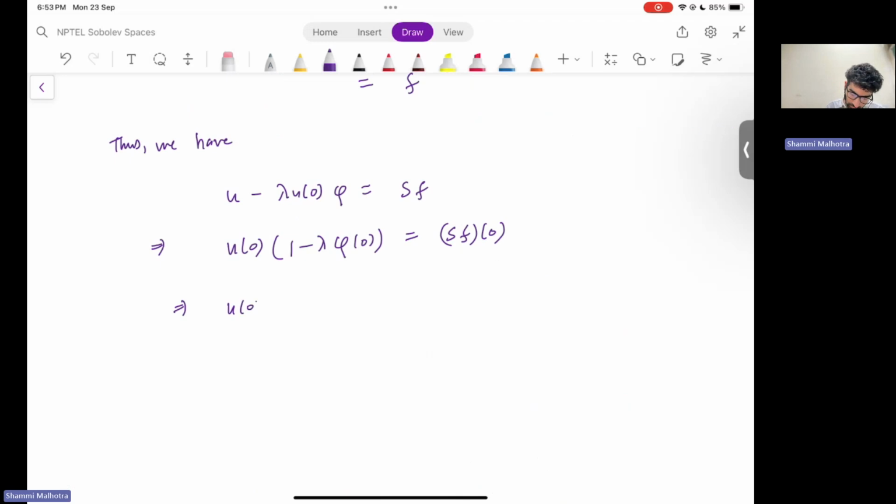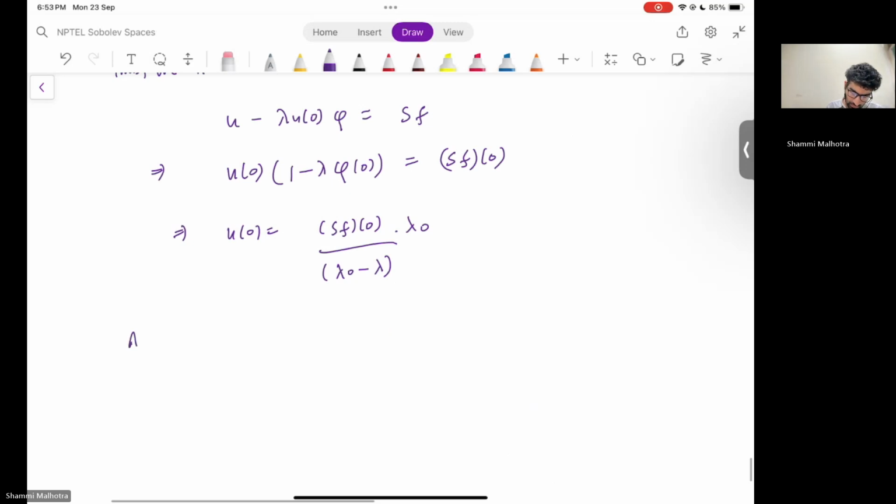So U0 is nothing but SF(0) divided by (lambda naught minus lambda) times lambda naught, since phi at 0 is 1 upon lambda naught. And U is nothing but SF plus lambda U0 phi.